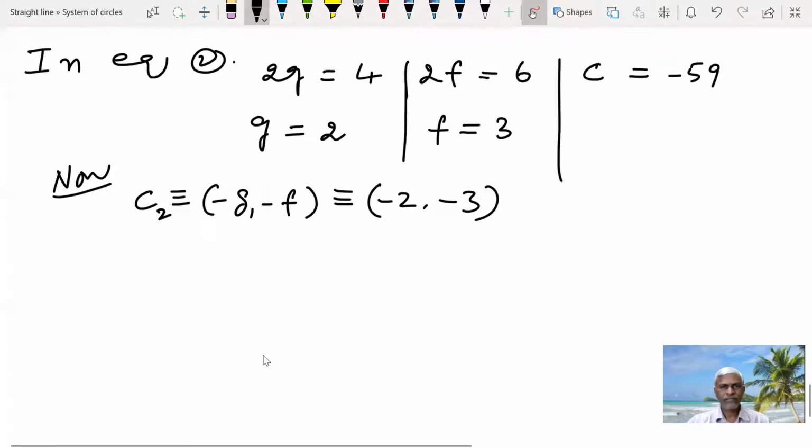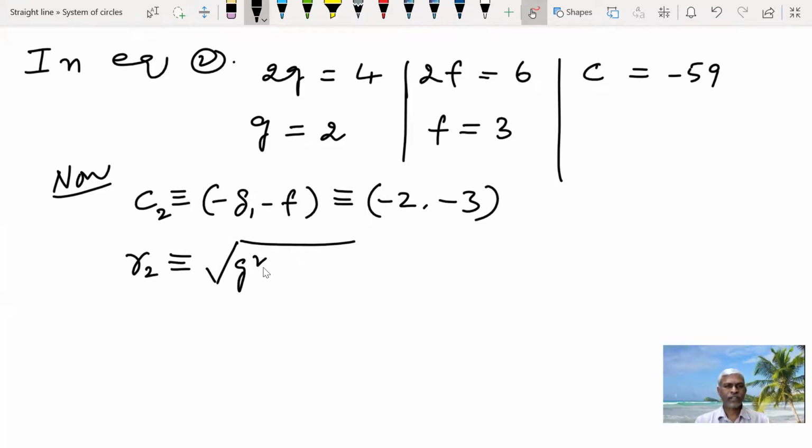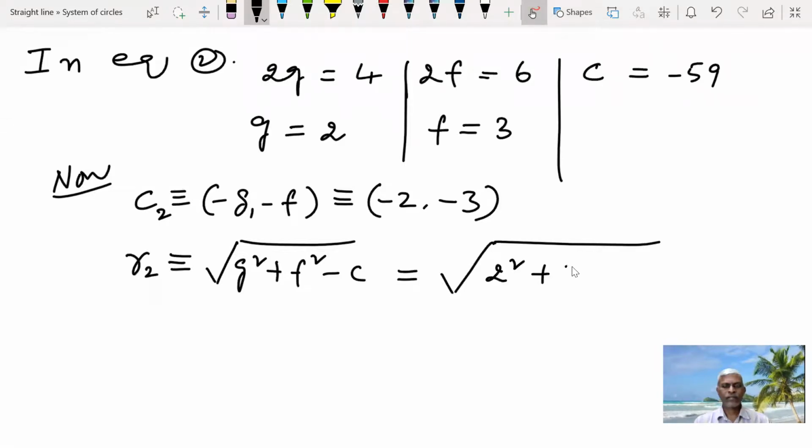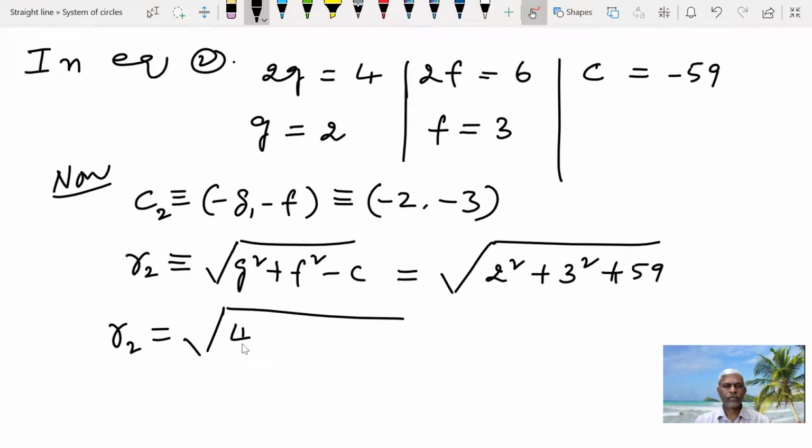Now let us find the radius of second circle. Root of g square plus f square minus c. 2 square plus 3 square minus 59, minus into minus, plus 59. 4, 3 square is 9, 59 plus 9 is 68, plus 4 is 72.